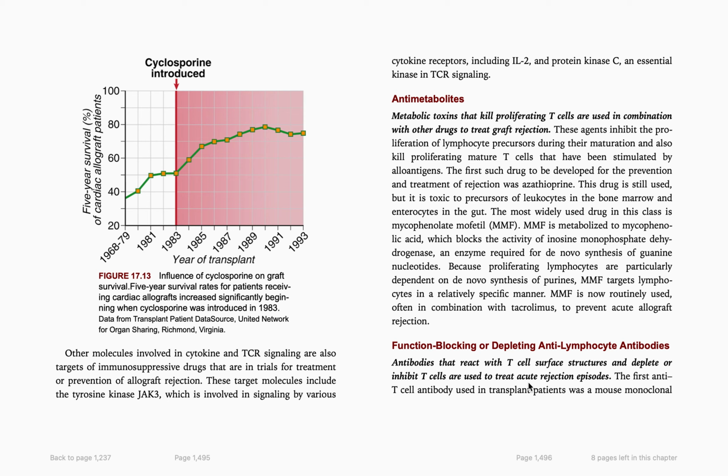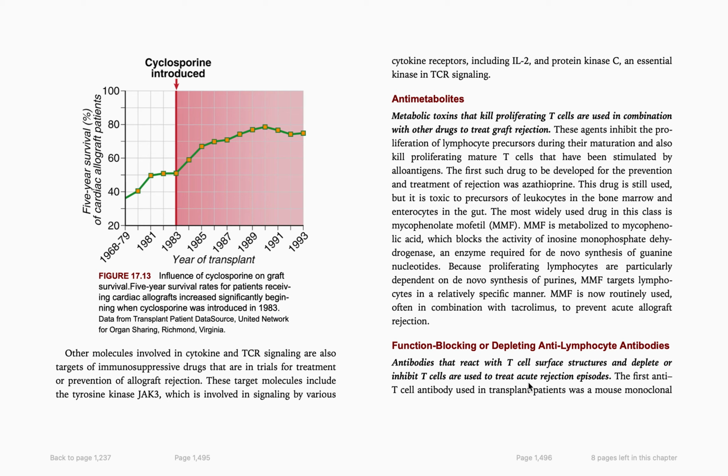The most widely used drug in this class is mycophenolate mofetil. Mycophenolate mofetil is metabolized to mycophenolic acid, which blocks the activity of inosine monophosphate dehydrogenase, an enzyme required for de novo synthesis of guanine nucleotides.